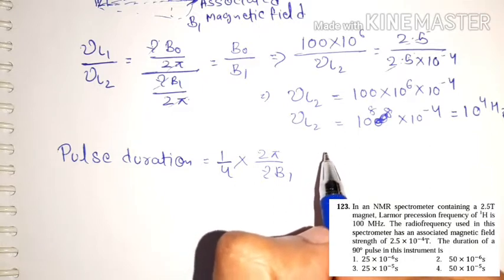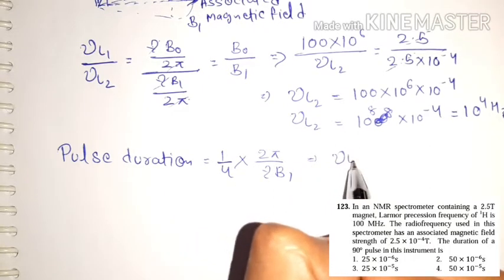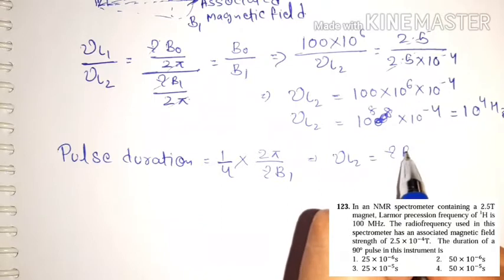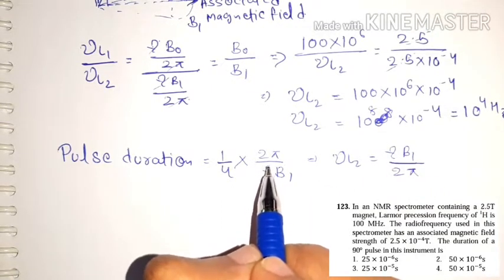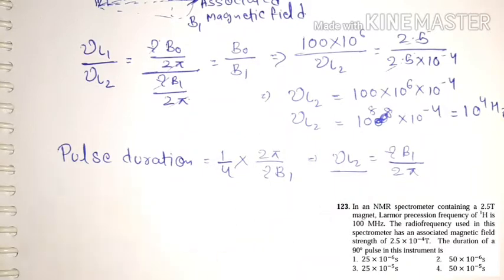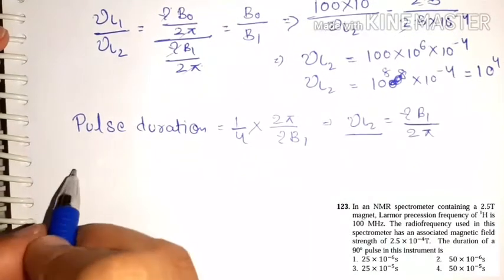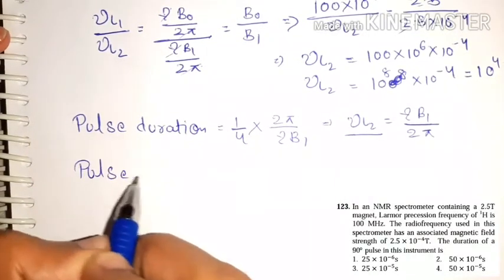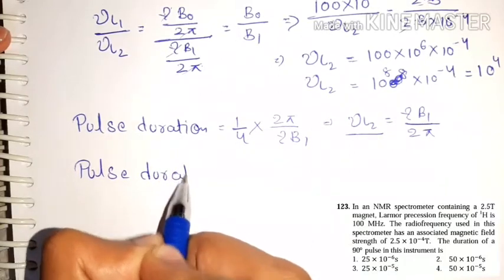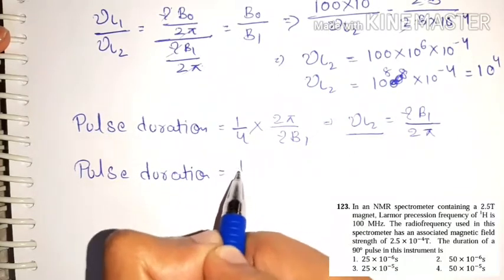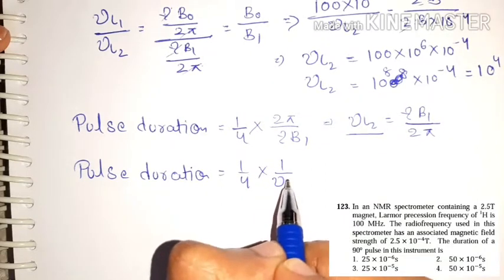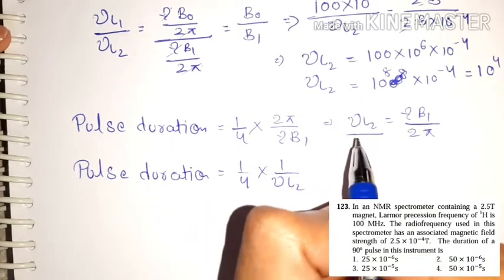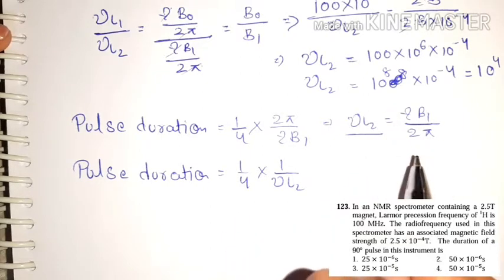Here you can conclude that mu L2 will be gamma into B1 upon 2 pi, so this is the reverse of the Larmor frequency. It means the pulse duration is equal to 1 by 4 into 1 by mu L2, the reverse of your Larmor frequency gamma B1 upon 2 pi.